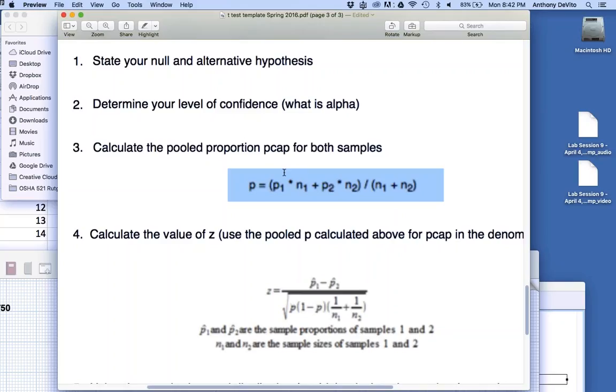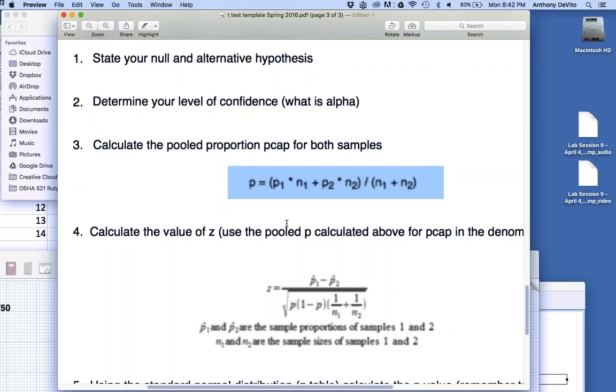My pooled proportion is 20 out of 100 and 15 out of 100, so 35 out of 200. It's just the average of the two proportions if the sample sizes are the same. It's actually the weighted average, because if the sample sizes were different, this would give you a weighted average. So 35% divided by 2 is 17.5%, 0.175 is my pooled proportion.